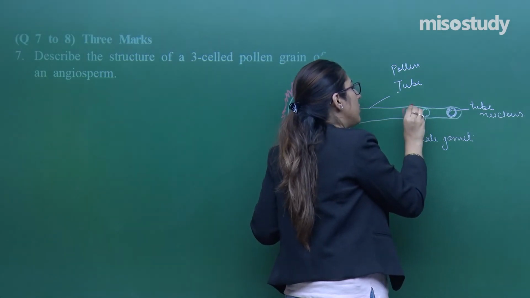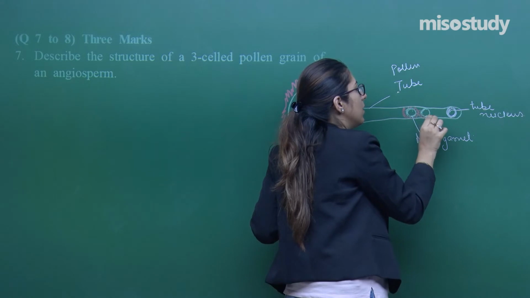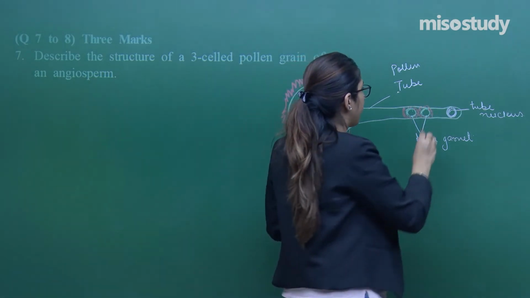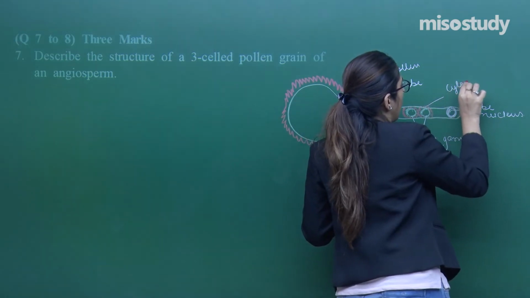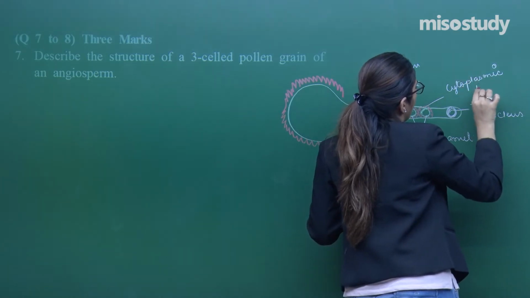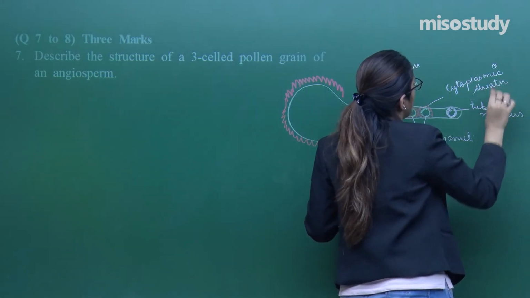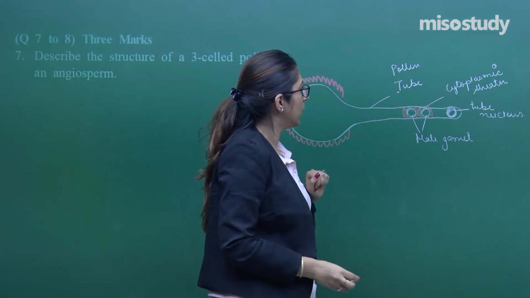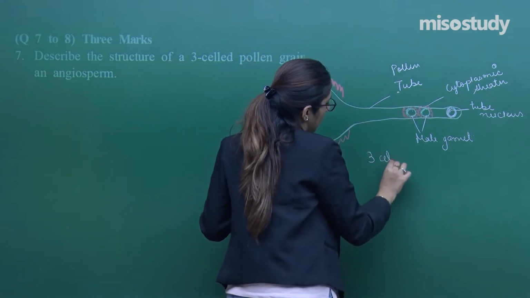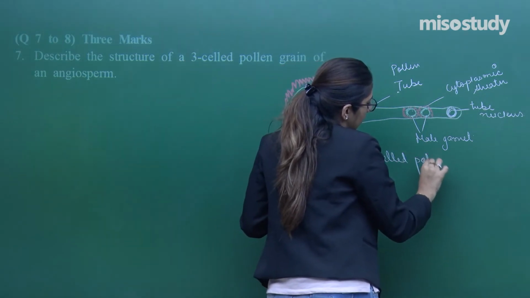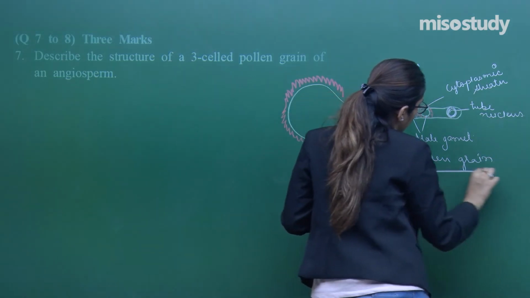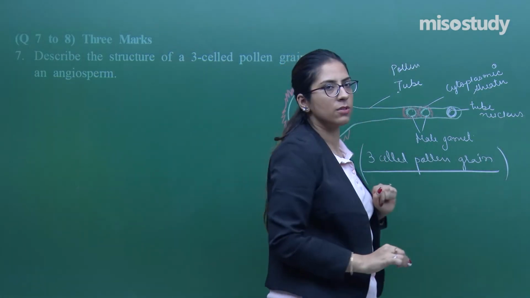This red color sheath, which I am trying to show, we call the cytoplasmic sheath. This is the whole structure of a 3-celled pollen grain, and you have to explain about this, as we have already done the same in the sessions.